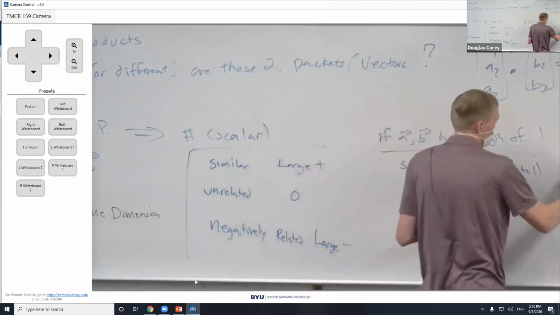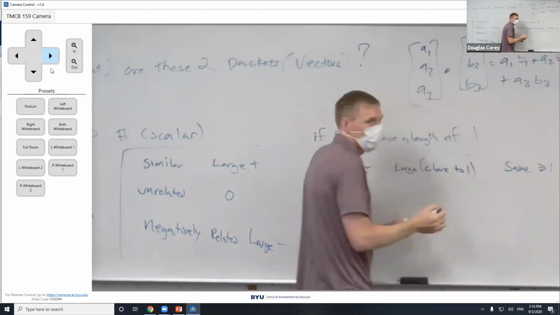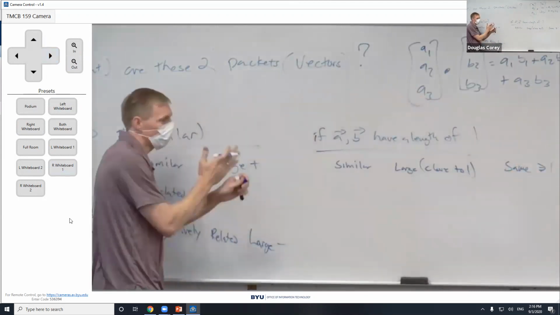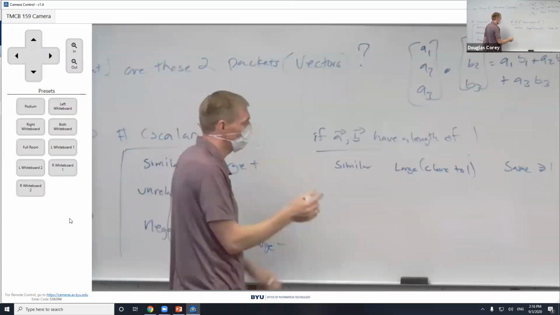If they're the same, they will be 1. They're pointing in the same direction, and they are unit length, so the dot product will be 1.